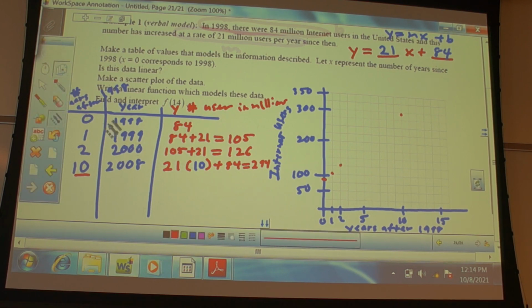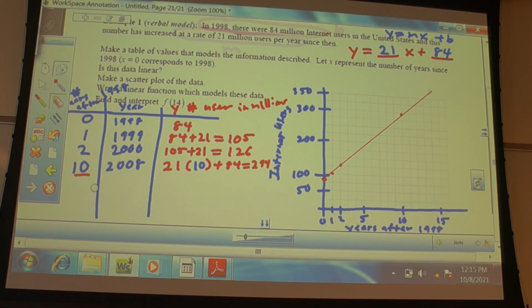And then draw your line. And then from the line, you should be able to approximate about where it should be, right up here.